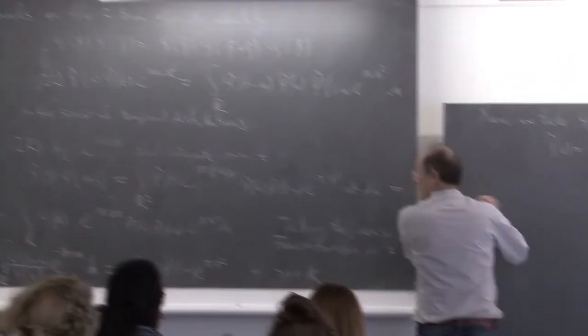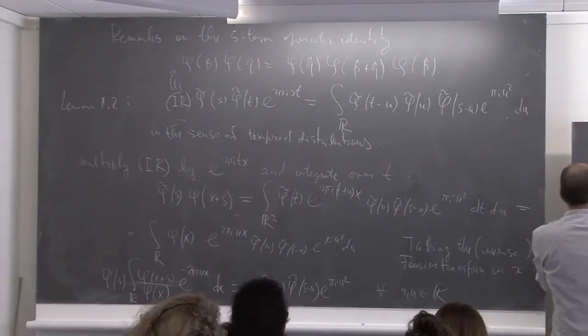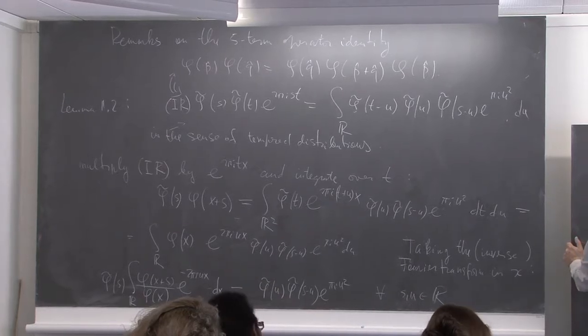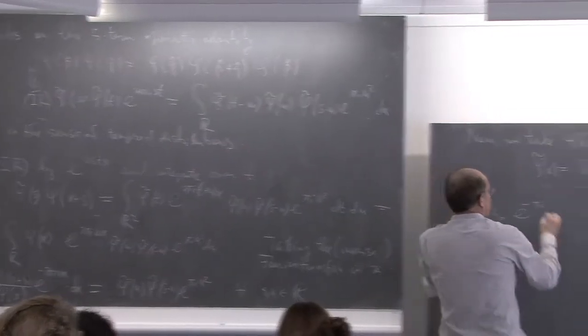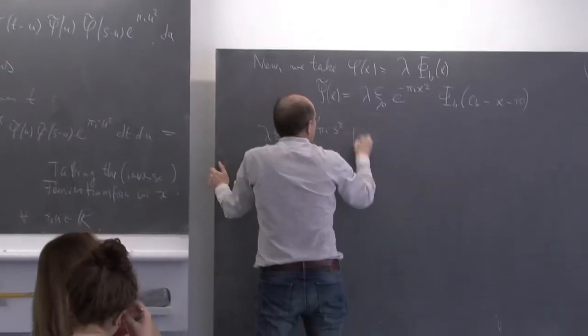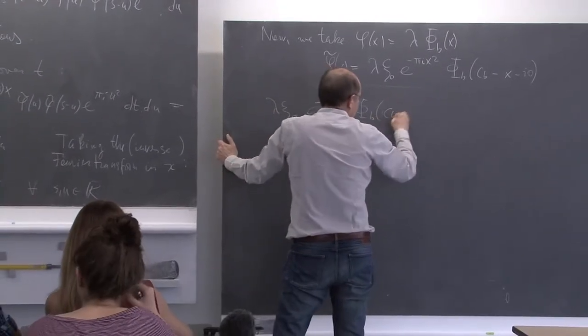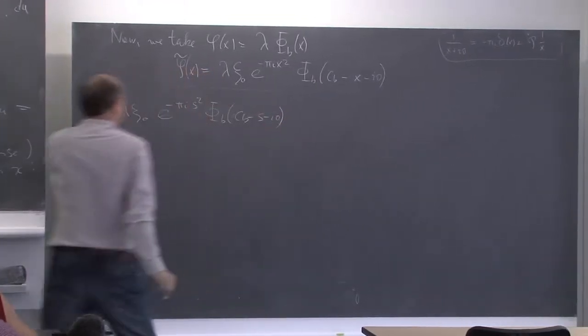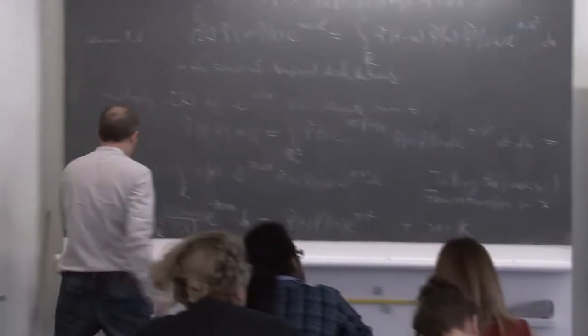Yeah, it's okay. Lambda zeta 0, e to the minus pi i phi of s, so minus s squared, phi b of c_b minus s minus i0. That's for that term.